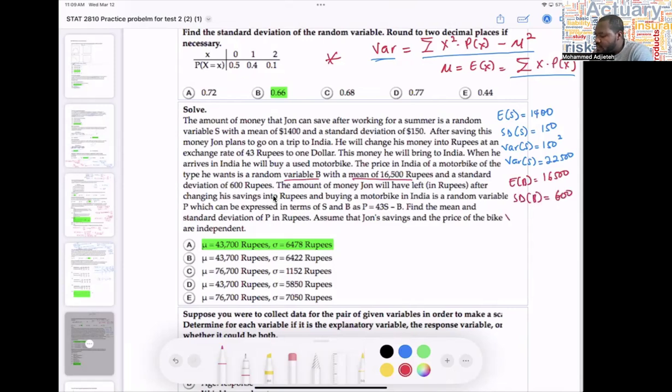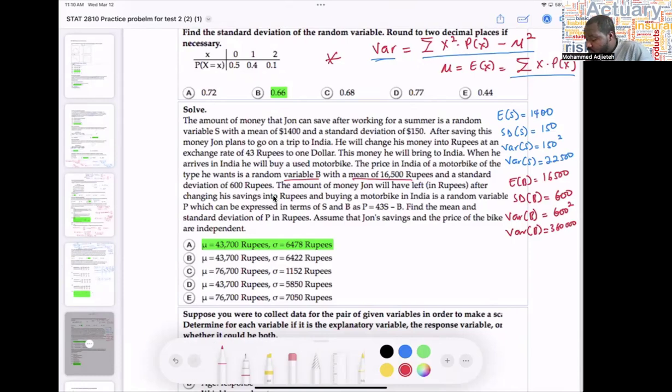Based on this, var of B is equal to 600 squared. So what is 600 squared? You can use your calculator to find that. That is 360,000. So that is var of B.